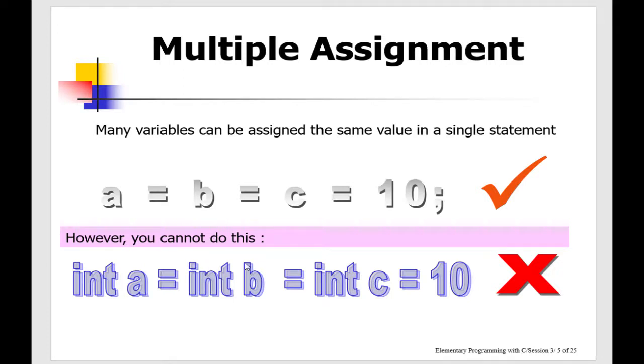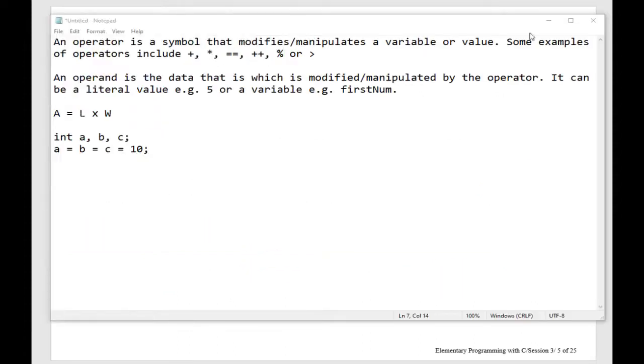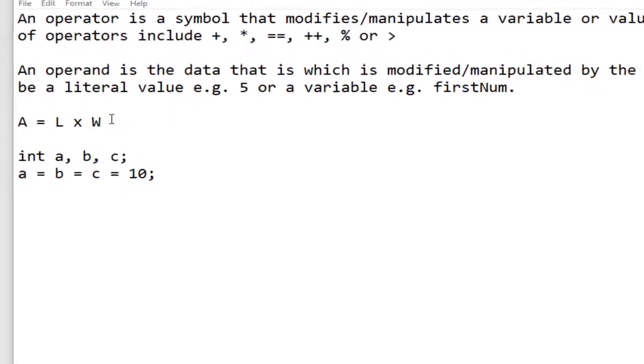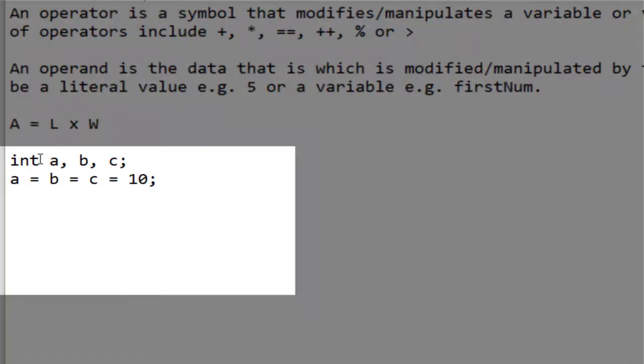Let's see how you would actually do this if you were to write a C program. You will start by declaring 3 integer variables, that is A, B, and C, and then you can write it exactly the way it is in your slides. Alternatively, you can also do something like this, and it's perfectly valid. It still works the same way.